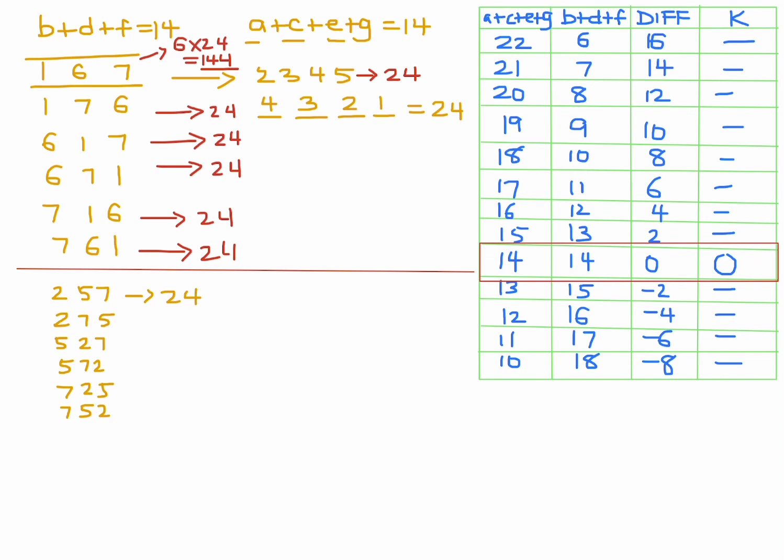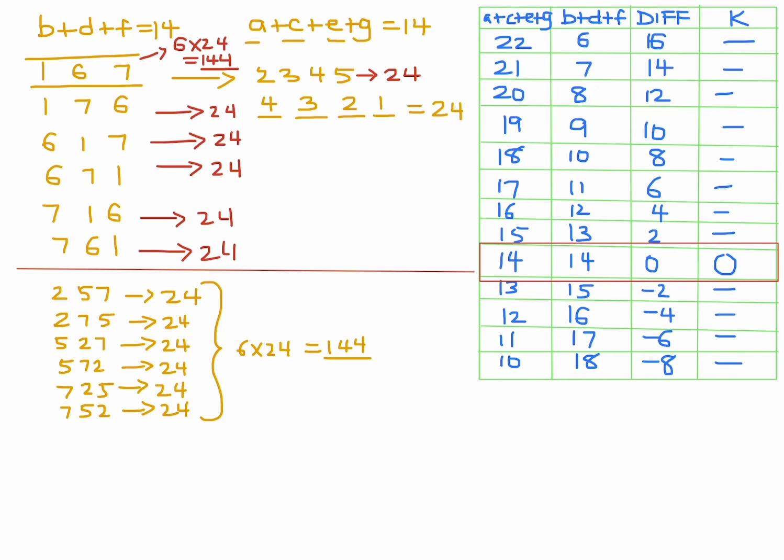And each of these gets 24 combinations. Therefore, for this triplet, 2, 5, 7, you will get a total of 6 times 24, which is 144.